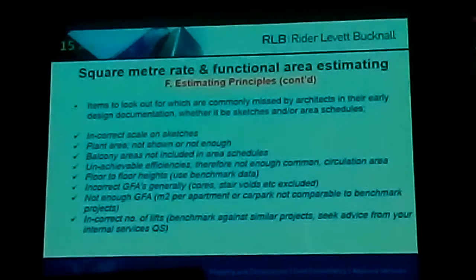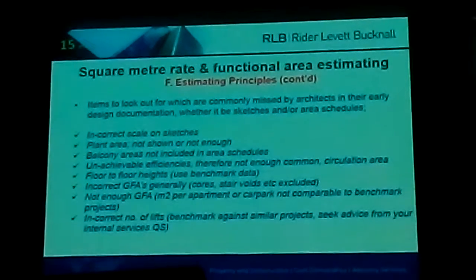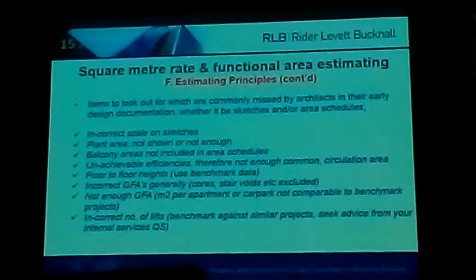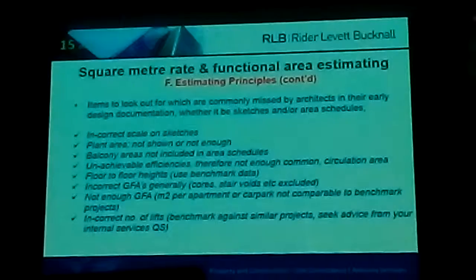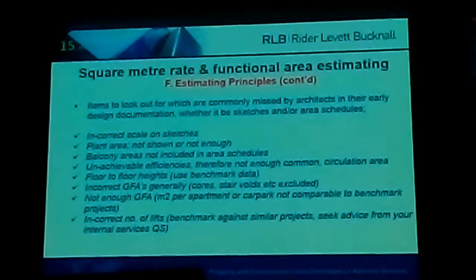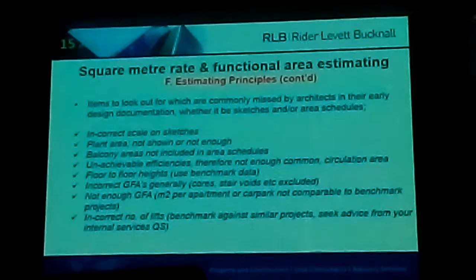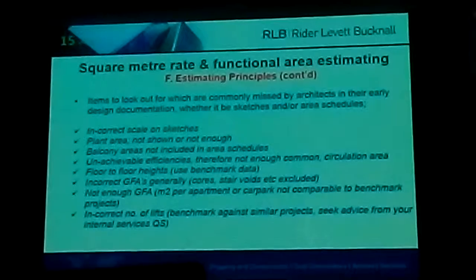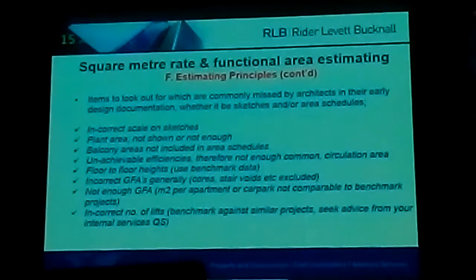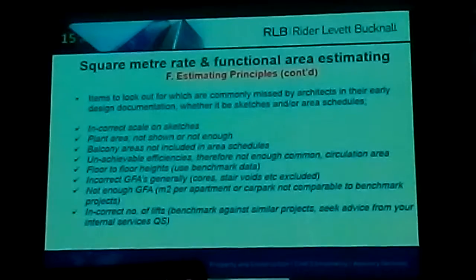Incorrect scale on sketches, plant area not shown or not enough, balcony areas not included in area schedules, unachievable efficiencies, therefore not enough common circulation area, floor-to-floor heights, incorrect GFAs generally, where cores, stair voids are excluded, not enough GFA, so your benchmark of car park area per car park is not comparable to benchmark projects, and incorrect number of lifts, which can always be benchmarked against similar projects or seek advice from the internal services QS.